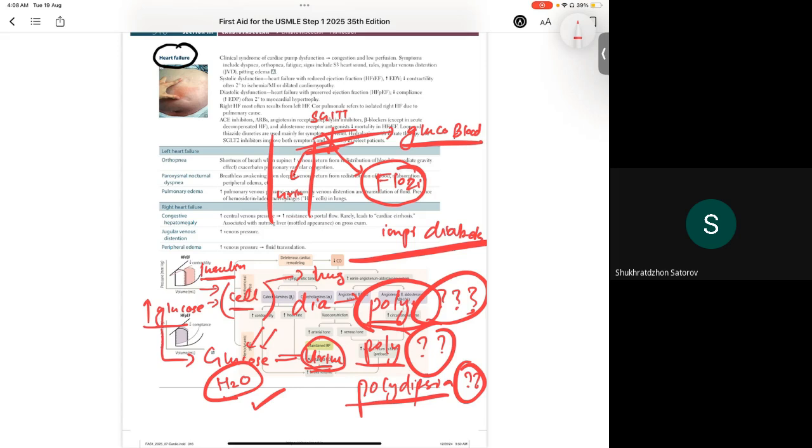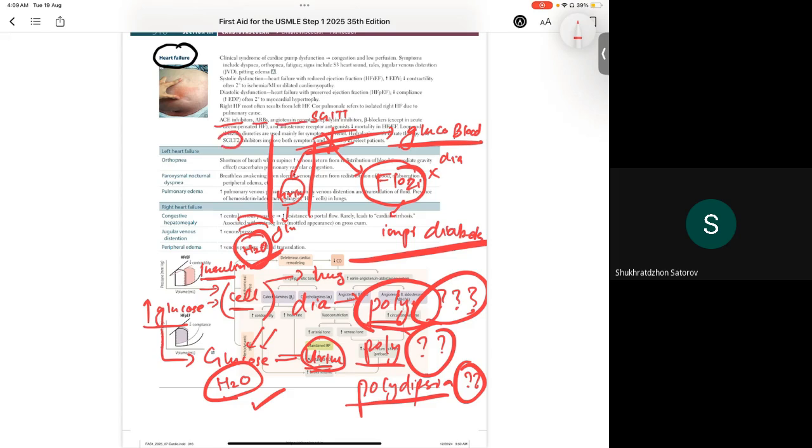So if I'm giving a flozin drug, it means glucose cannot be reabsorbed. Glucose is going to move in the urine, right? And along with glucose moving in the urine, it would pull a lot of water with itself, right? So giving flozin drugs would not only improve the diabetes, but it would also lead to removal of water from your body, which your ACE inhibitors were doing, which your ARBs were doing, which all of these drugs were doing, right?